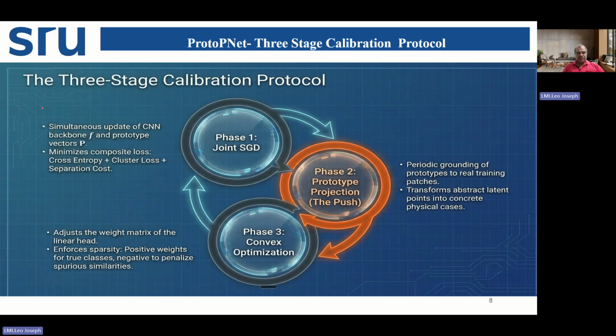So there are three stages. First, joint SGD. Phase one is the backbone stage, the CNN stage, with cross entropy plus cluster loss plus separation cost. Phase two is prototype projection: we get the images, convert them into prototypes as small projections, and focus on them.